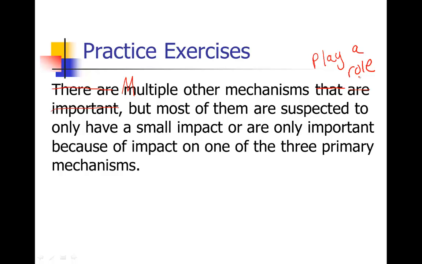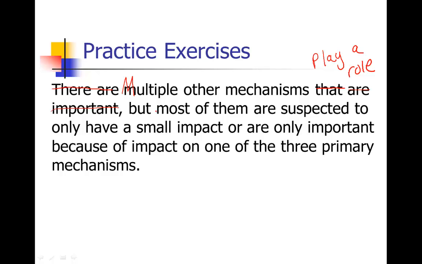Well, okay, this is one of those instances where we have a lot of words that we don't really need here. So what's the purpose of putting "most of them are suspected to" in here? Well, the author kind of wants to qualify that these aren't definitely known, right? We're not quite sure. We think they have a small impact. So there's a lot of shorter ways to put in that little hedge. You could use the word "may." You could use the word "likely."